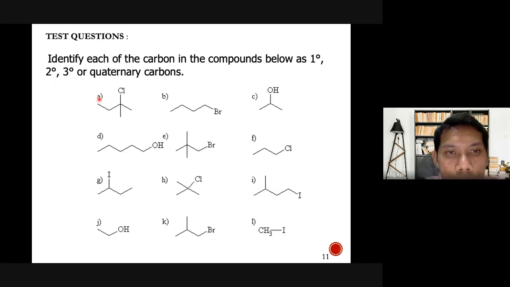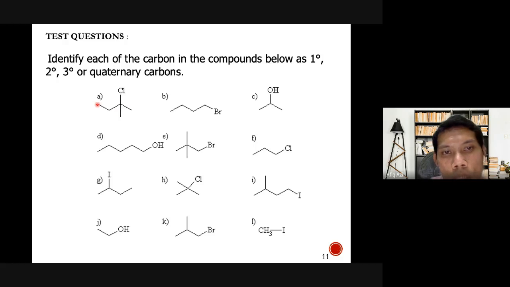So for A, let's start with this carbon. I would say this would be primary because it is bonded to only this carbon over here. All of these structures are drawn in the skeletal form, so each of these angles corresponds to one carbon.